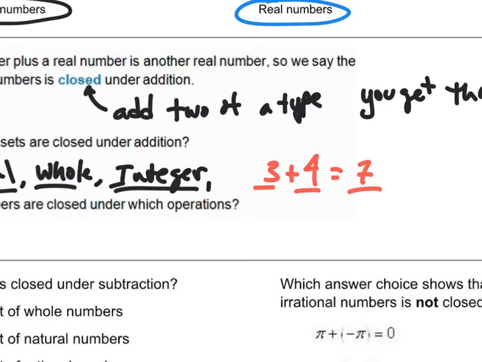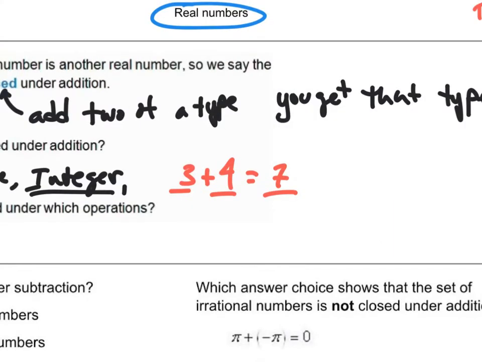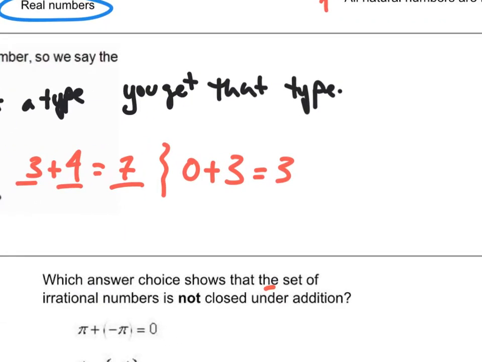Let's say you do 0 plus 3. These are both whole numbers, so as a result you get 3, which is a whole number. You can say the same thing about integers. If you take -2 plus -7, that's going to give you -9. Each of these are integers, and as a result, you get integers.